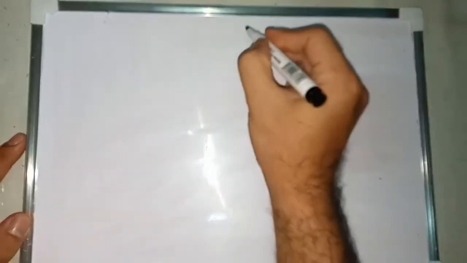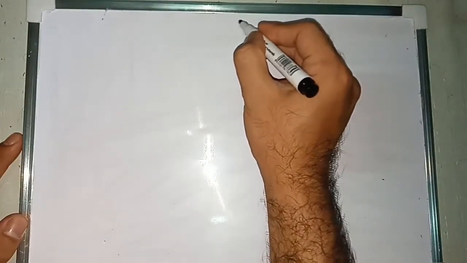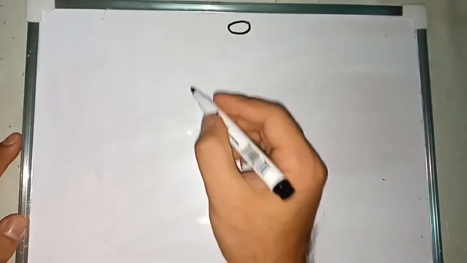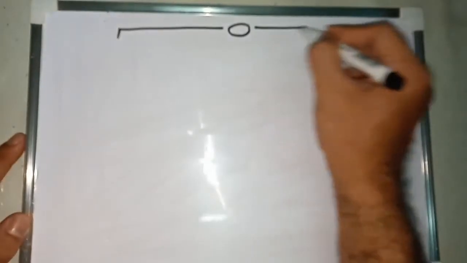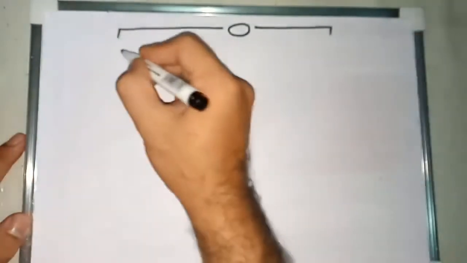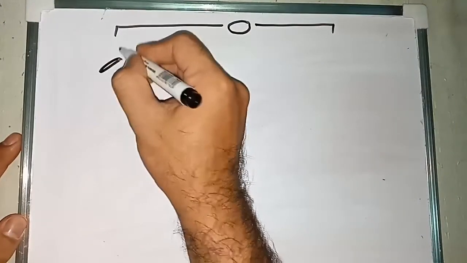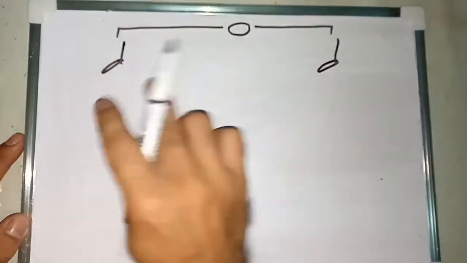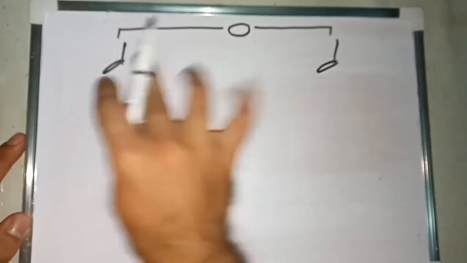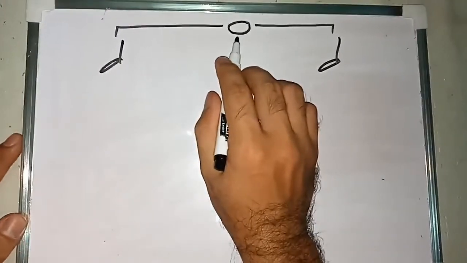At the top, we have a whole note. Under the whole note are half notes, because it has 4 counts, so 2 for each half note, 2 plus 2 makes 4.